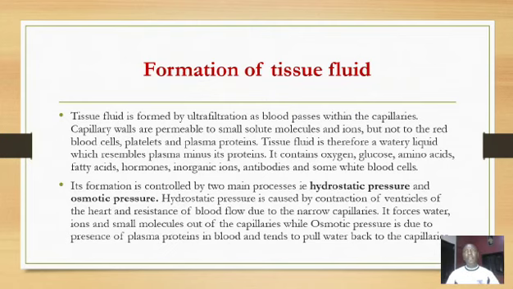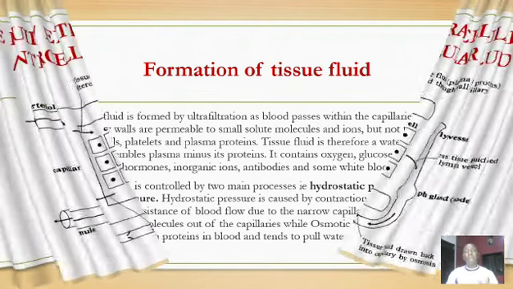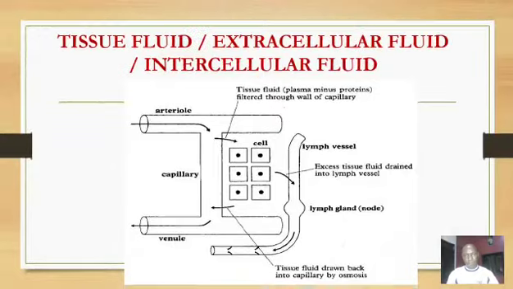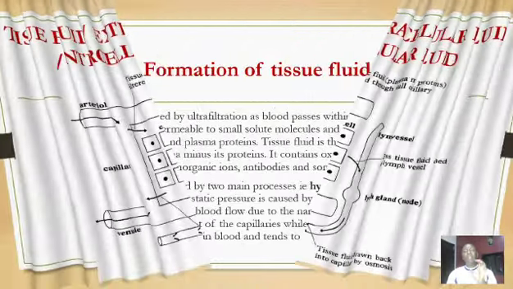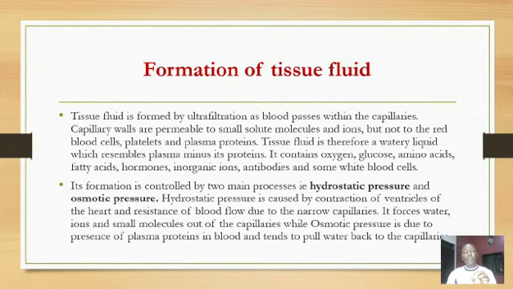Remember, we said that tissue fluid is formed by ultrafiltration as blood passes through the capillaries. That tissue fluid formation is controlled by two major processes, hydrostatic pressure and osmotic pressure.